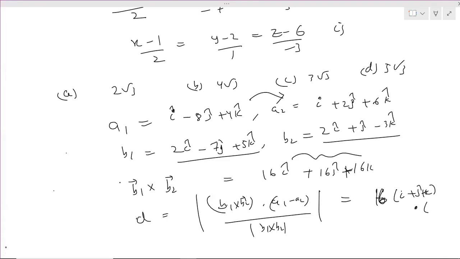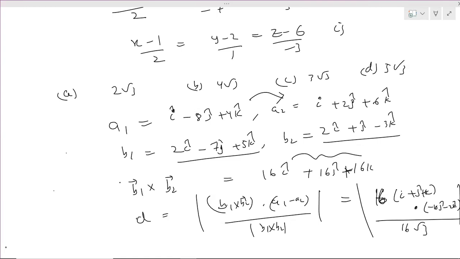So this is 0 and minus 10j and minus 2k upon mod of this. All right. Using this, you can find the answer.